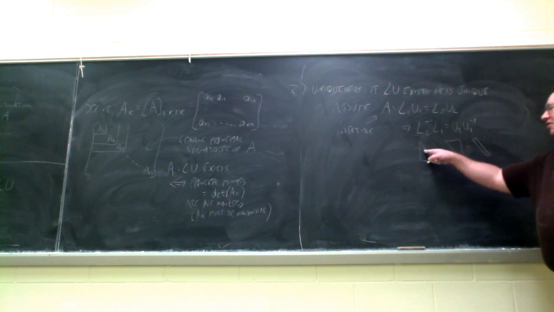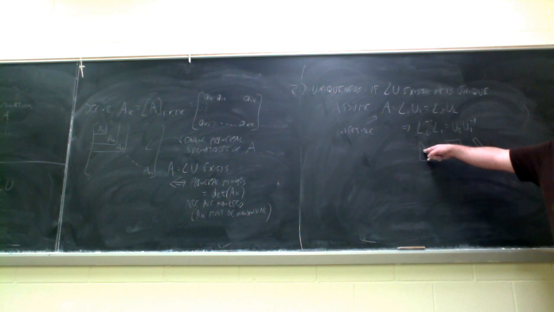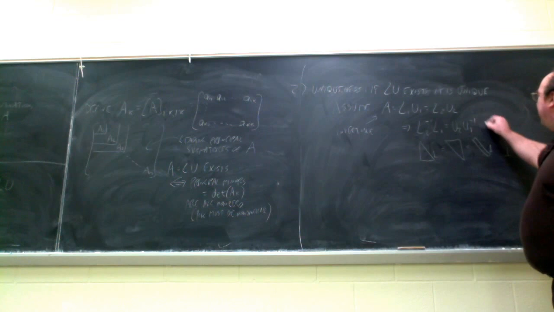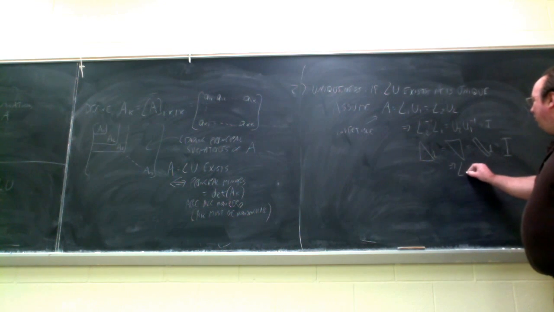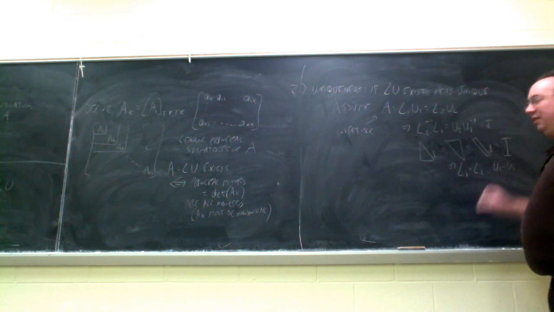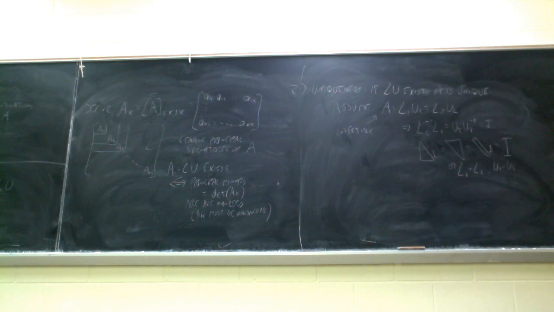But all the diagonal entries are 1, so it's a unit diagonal matrix, which is the same as the identity. That means both of these are identity. So L1 equals L2, and U1 equals U2. And thus we have uniqueness.